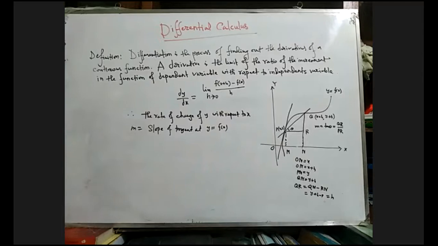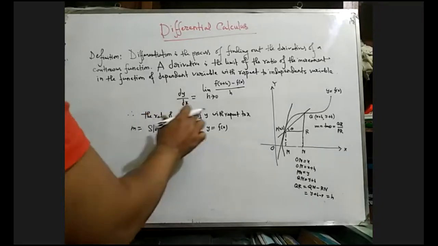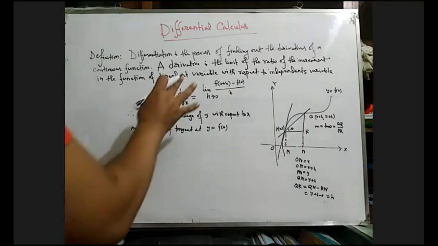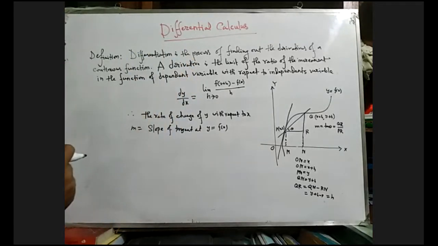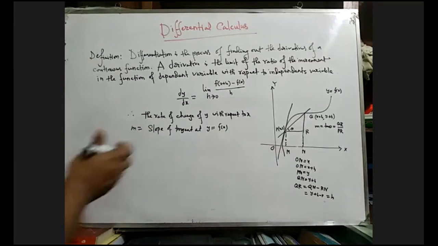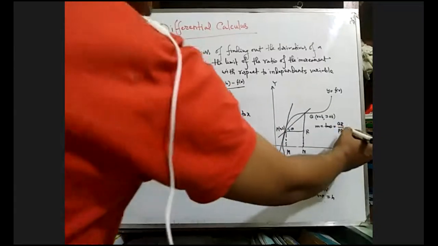Slope means the gradient. So the rate of change of y with respect to x is called the derivative of y with respect to x, and geometrically we can express it as the slope of a tangent.